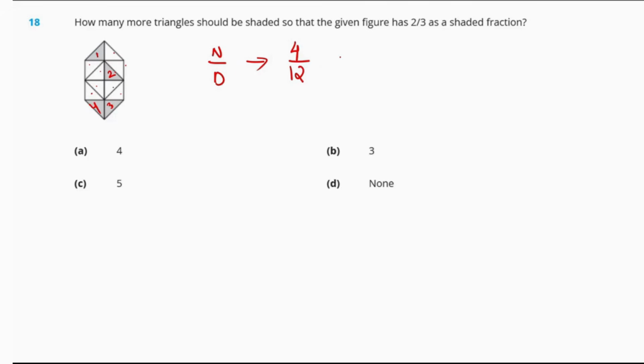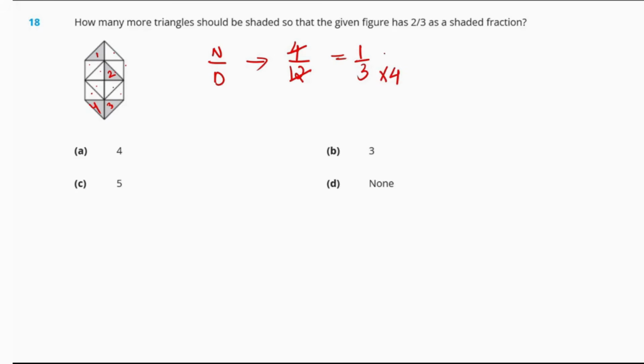Now, if we try to convert this into the simplest fraction, what will be the answer? The answer will be 1 by 3, right? Now we know that we have to make it 2 by 3. If you can clearly see, how can you make a 12 out of 3? By multiplying by 4, right?